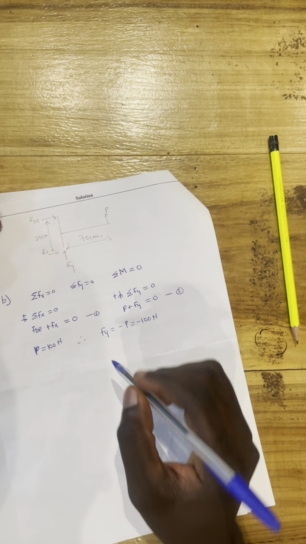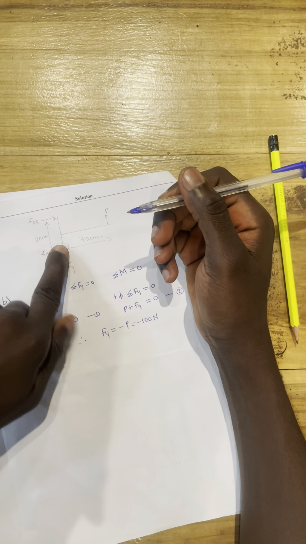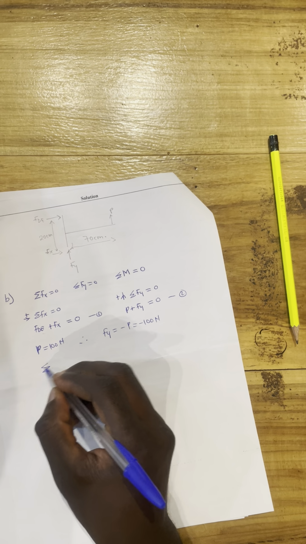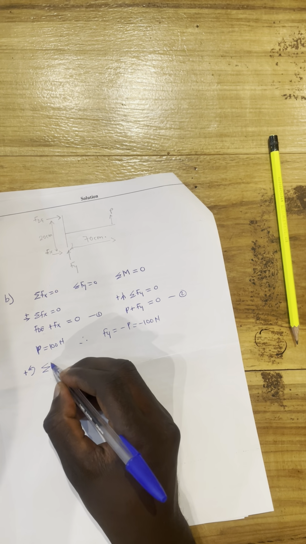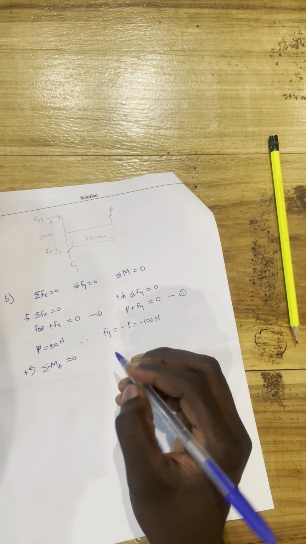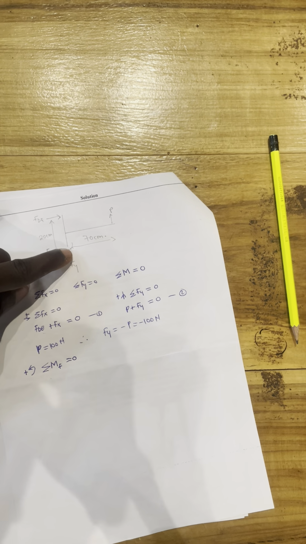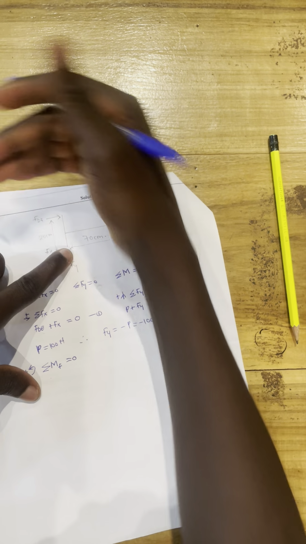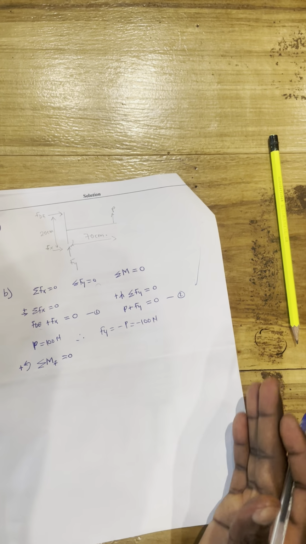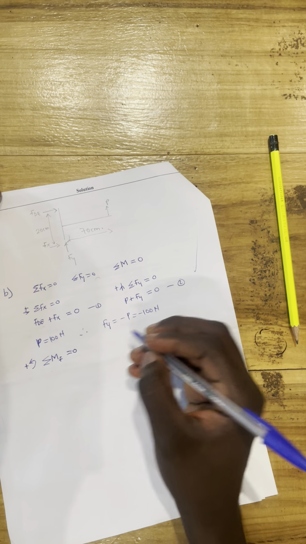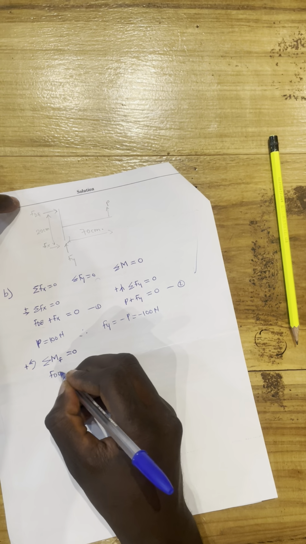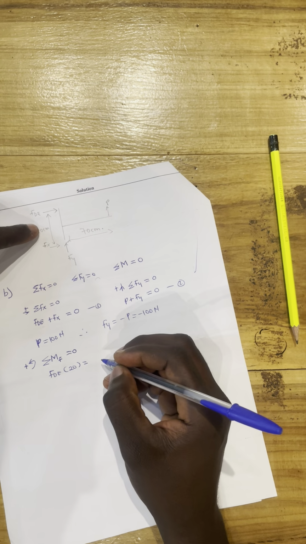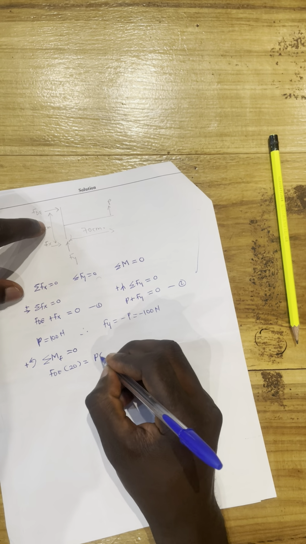We can take moment at point F, because we said taking moment at any point should be equal to 0. Taking anti-clockwise to be positive, summing moment about point F should be equal to 0. The moment is force times perpendicular distance. I have FDE going in the clockwise direction and P going anti-clockwise. So clockwise should be equal to anti-clockwise: FDE times 20 should be equal to P times 70.